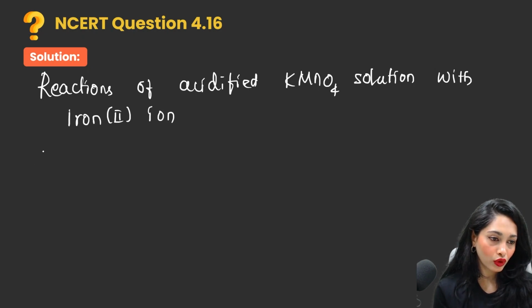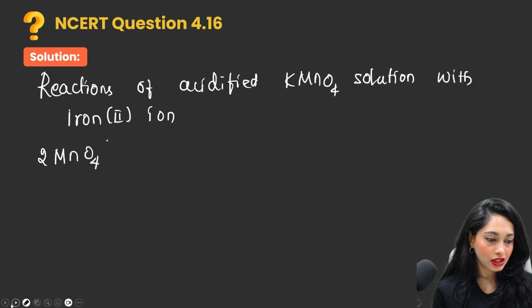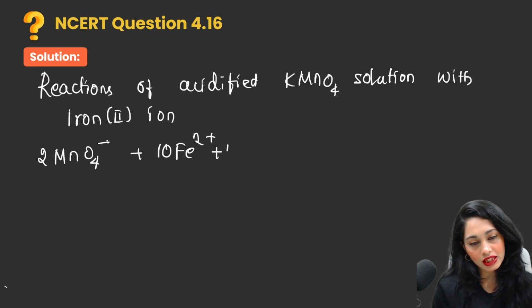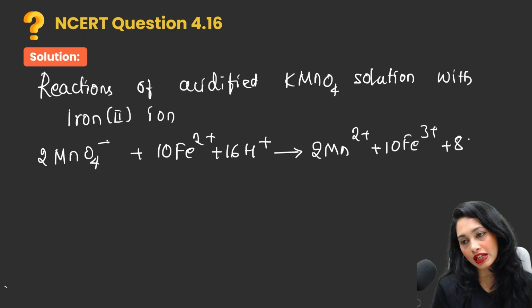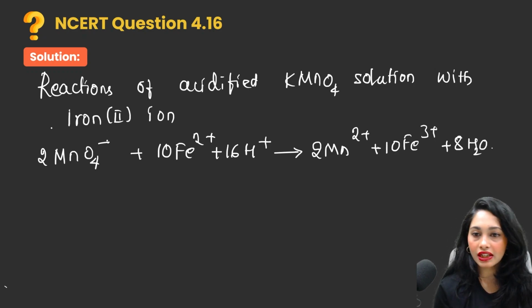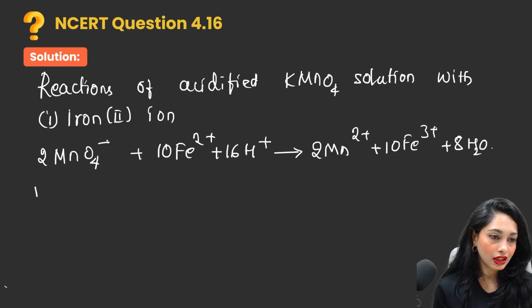It is as follows. 2MnO4 minus, this is not 2 minus, this is just minus, MnO4 minus plus 10 Fe2 plus plus 16H plus gives 2Mn2 plus plus 10 Fe3 plus plus 8H2O. That is the first one, iron 2 ion.